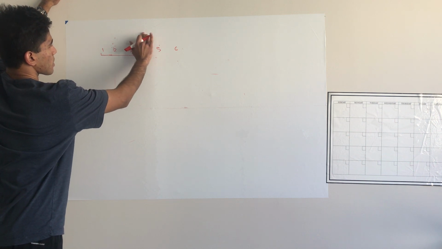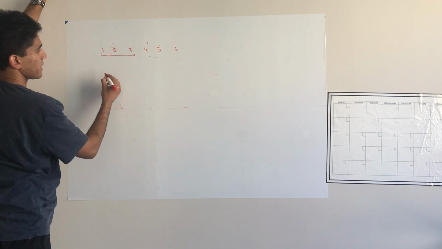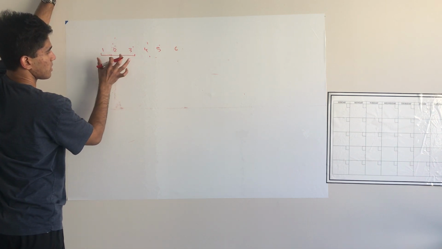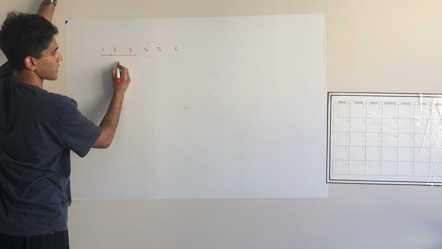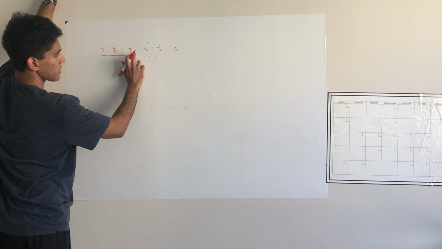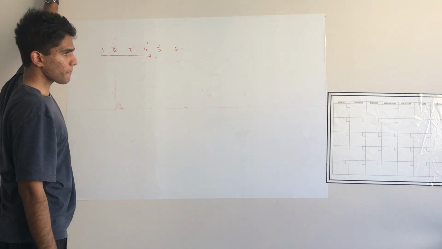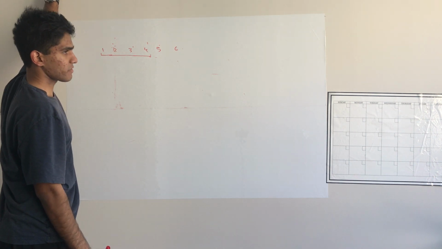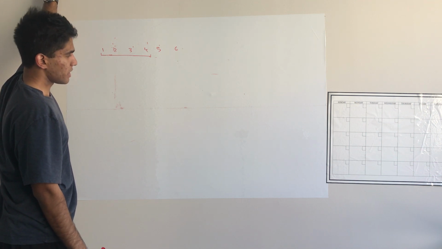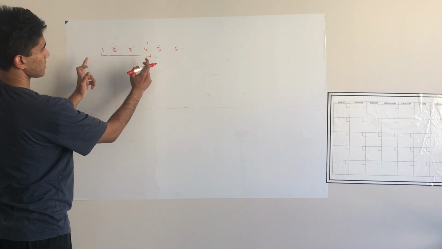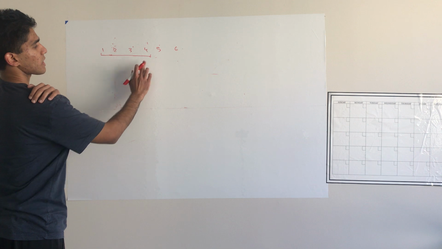So what we could do here is, if this window satisfies some kind of property, we try and increase the window to include the value 4, and we check if the property is still included. If it's still included, then this window is still valid.